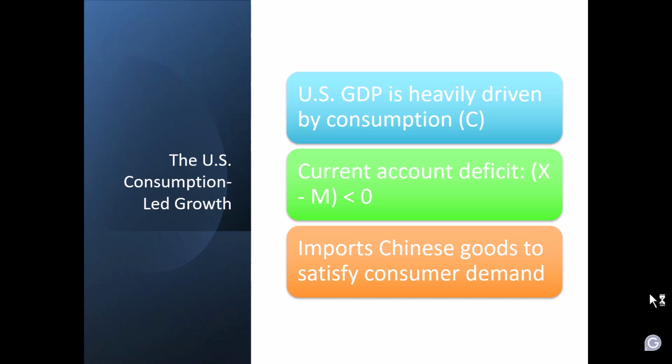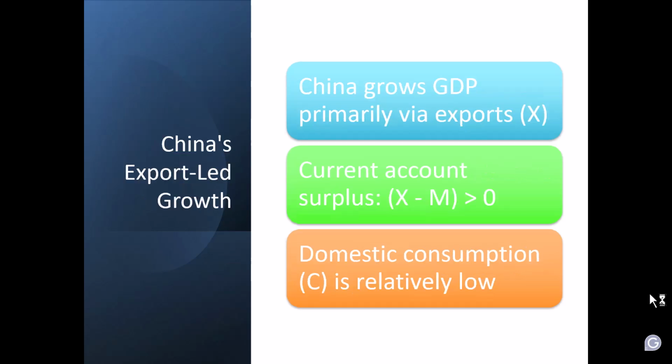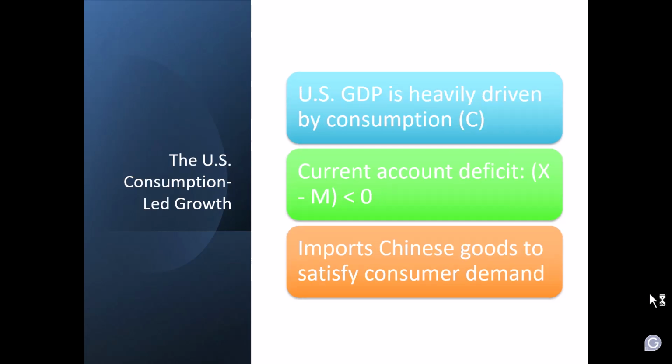The US, in terms of their growth model, grows fundamentally through consumption. Now remember earlier when we talked about China growing through exports, and if they're exporting a lot, somebody has to be buying it. Well, that trading partner is the United States, one of the trading partners buying those exports. So what that means is, as China grows through X and sells to their trading partners, those trading partners are importing a lot.